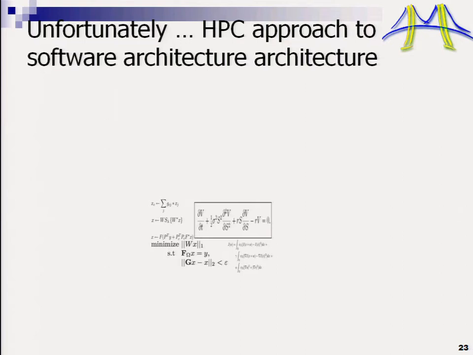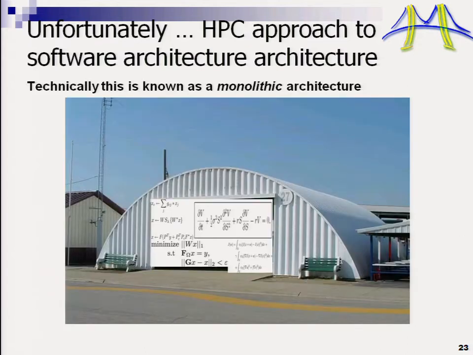So unfortunately, we can't just go, well, the high-performance computing community has it pretty well all figured out, we can just draft on their heels. Because there's a lot of thought put into the computation, and then if you ask them about structure, they typically give a quizzical look. In the architecture analogy, they put a Quonset hut over it.